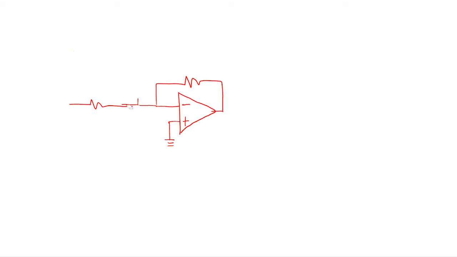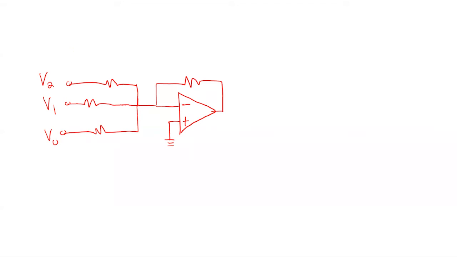Not drawing this very cleanly. What you have is a resistor here, resistor here, resistor here, and you have V0, V1, V2. Do the same basic approach. Basically turn off V1 and V2, turn on V0, right? And what do you get? And you do a nodal analysis in each of those cases.